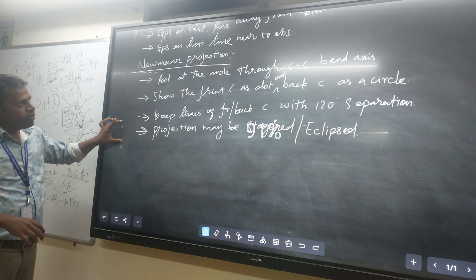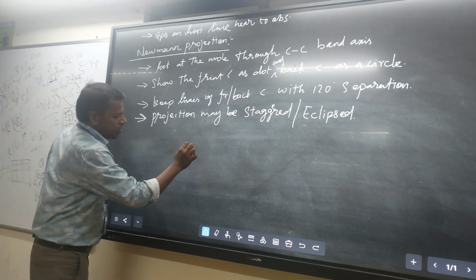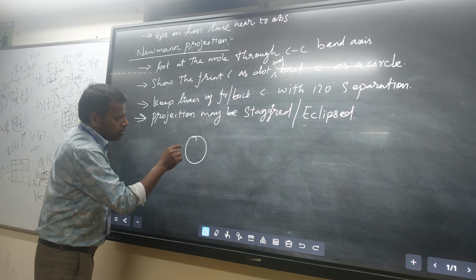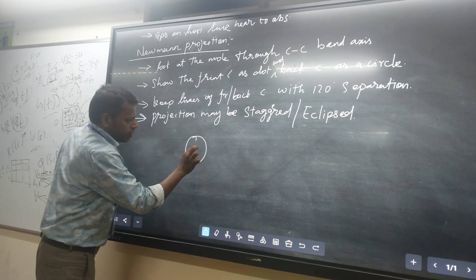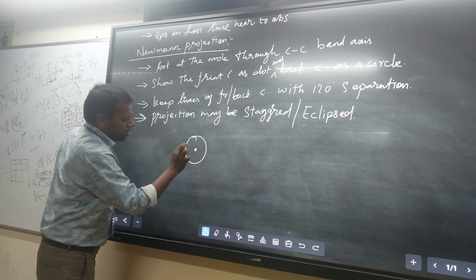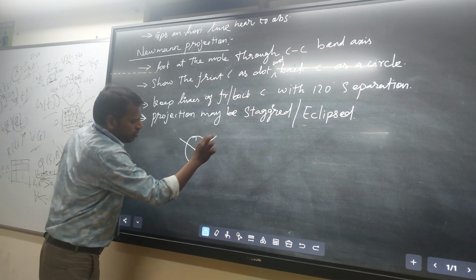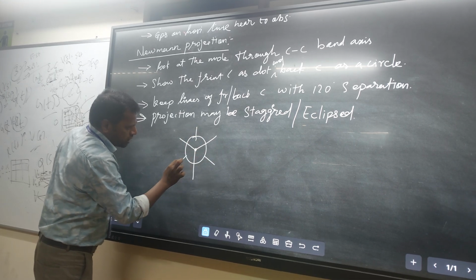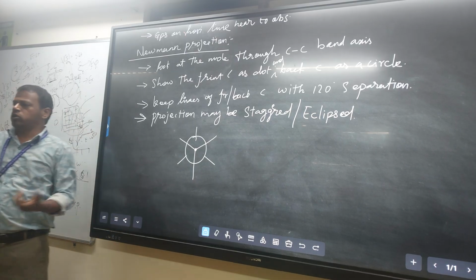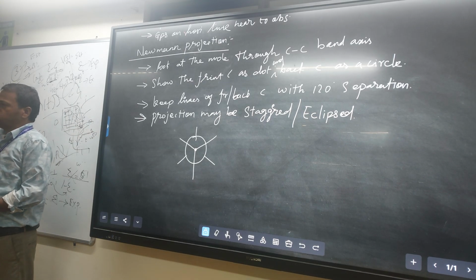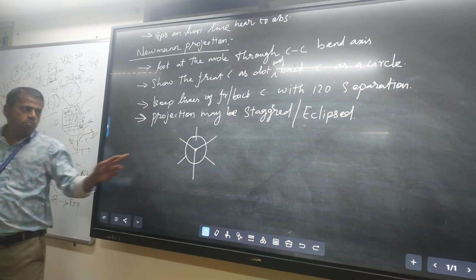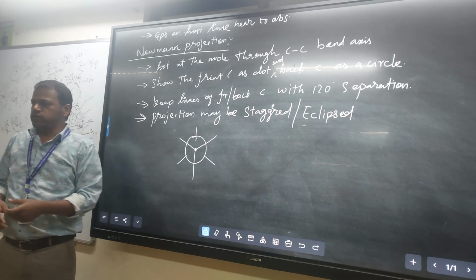So look at here. This is the back carbon. The front carbon is a dot. Keep the lines on the front and back carbon with 120 degree separation. So this is the molecule. This is a Newman idea, a ball and stick model.